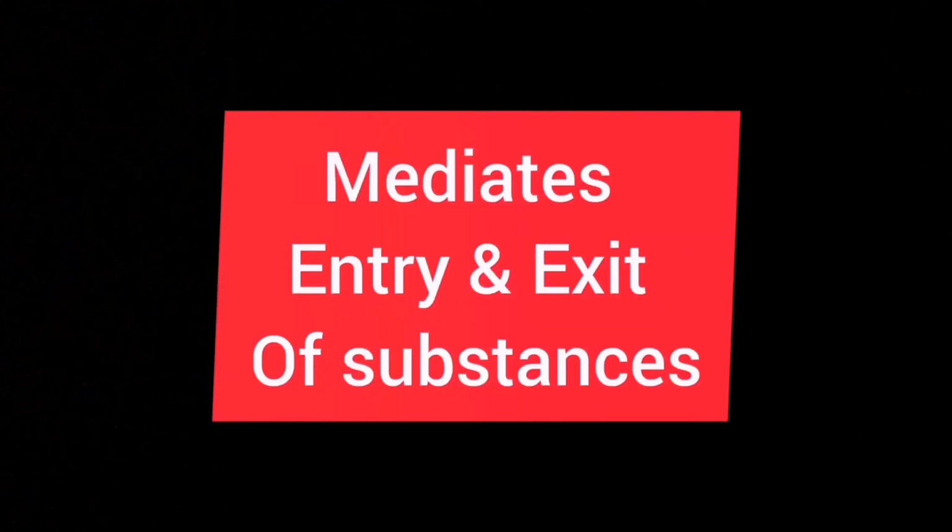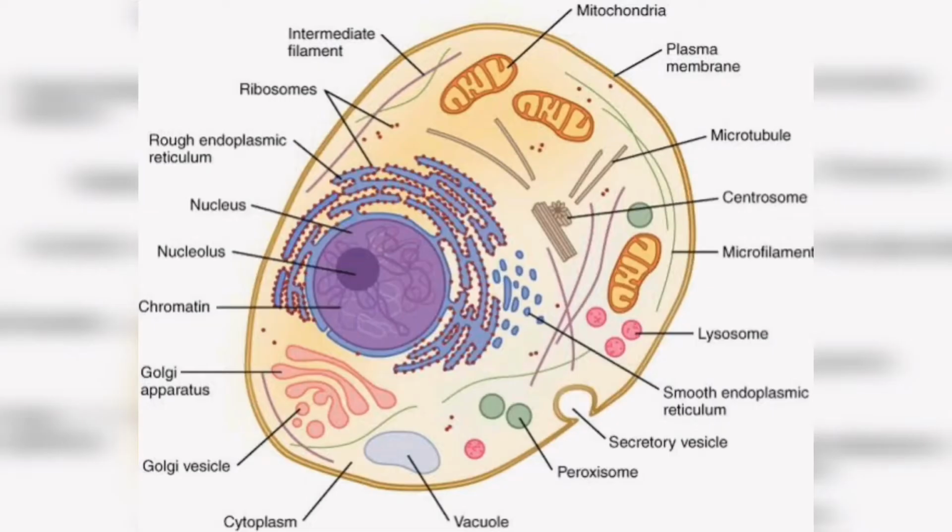Next, it mediates entry and exit of different substances. That is, the plasma membrane regulates the flow of materials into and out of the cell. That is plasma membrane.